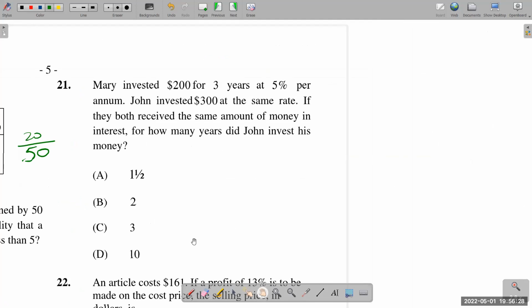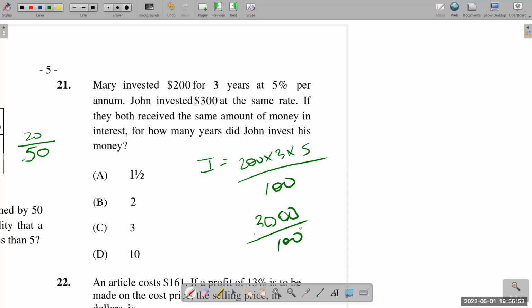So all we've got to do is calculate how much, substitute it and solve. So that's what interest is: 2 times 3 times 5 over 100, right? So 5 times 3 is 15. So that's 30 and 2 zeros divided by 100.